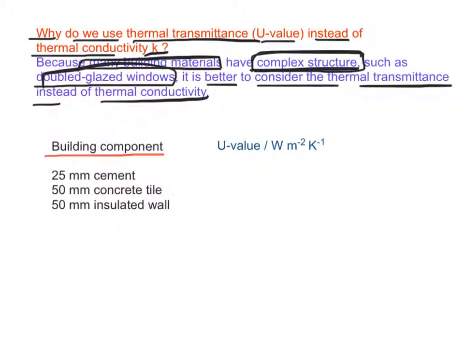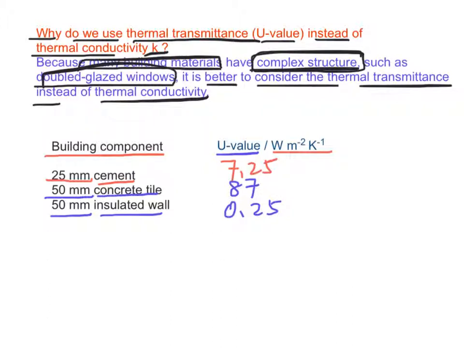If we have 25 mm cement, the U value will be 7.25 watt per meter square per K. For 50 mm concrete tile, the thermal transmittancy U value will be 87 watt per meter square per K. For a 50 mm insulated wall, the U value will be 0.25 watt per meter square per K.